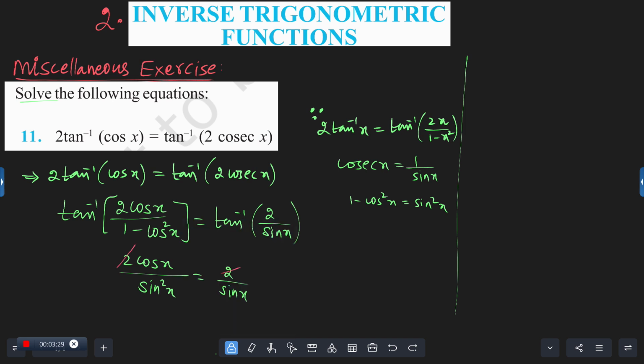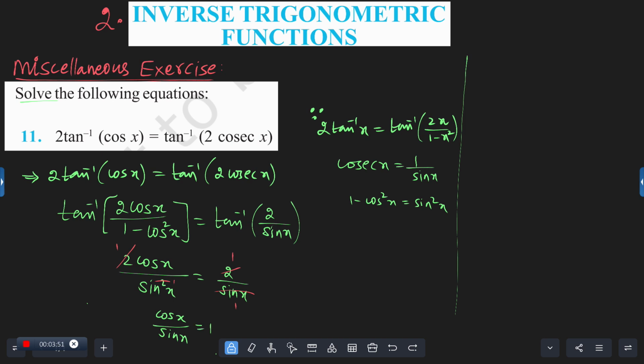The 2 you can cancel, and one sine x here also will be cancelled. Then what is remaining? Just cos x by sine x, which is equal to 1.